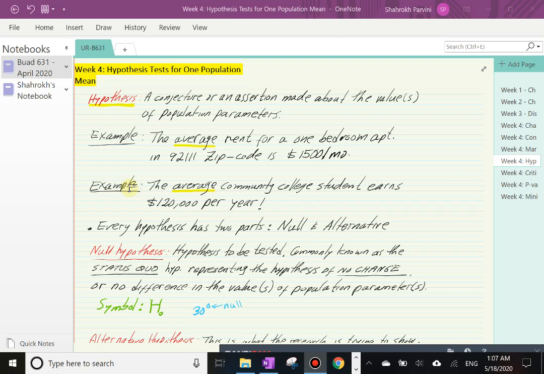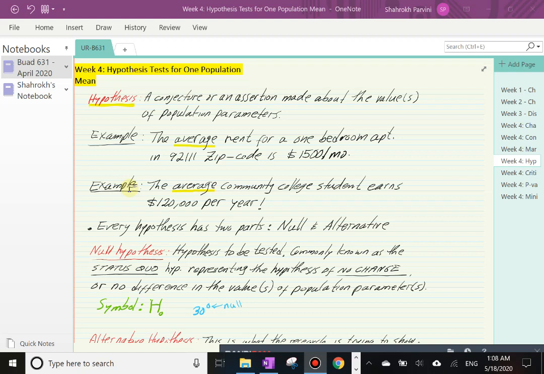So, for example, in my $120,000 a year example, my statement is actually the null hypothesis. That's the status quo, unless somebody comes and wants to challenge that. You see how that could be status quo? Things are the way they are before somebody comes and challenges them.